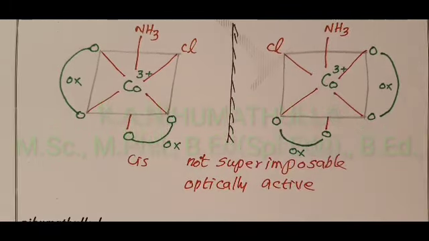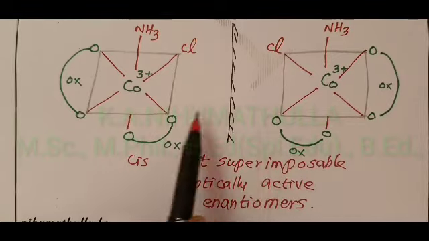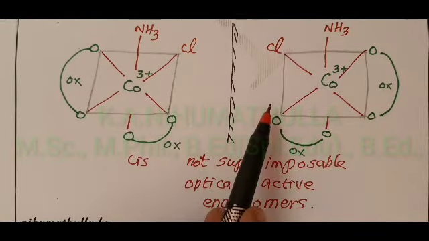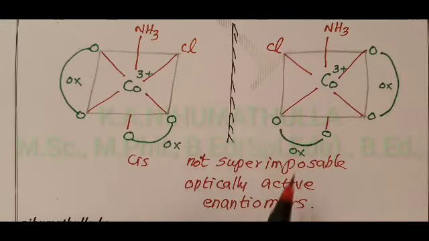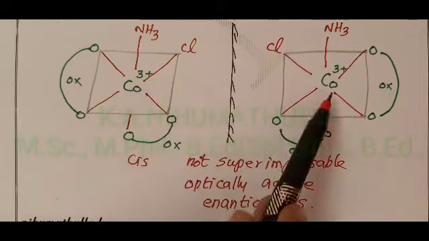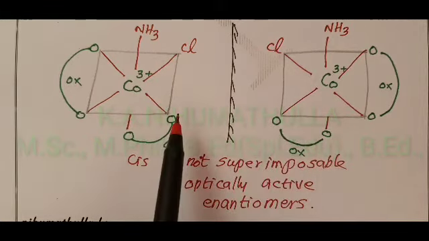What is an enantiomer? The pair of two optically active isomers which are mirror images of each other are called enantiomers. Simply, the two coordination compounds having the same molecular formula, same kind of central metal ion, same kind of ligands, but they differ only in the rotation of plane polarized light.